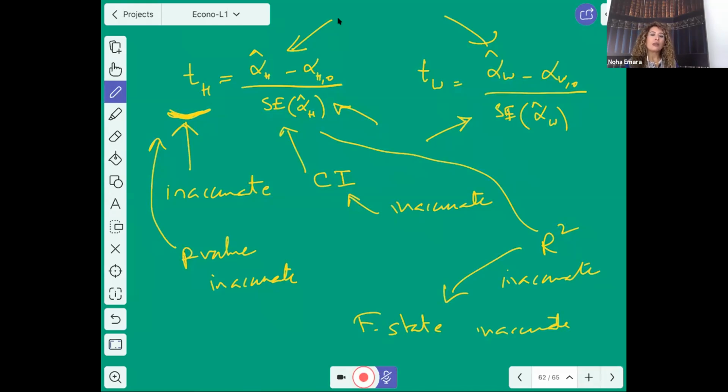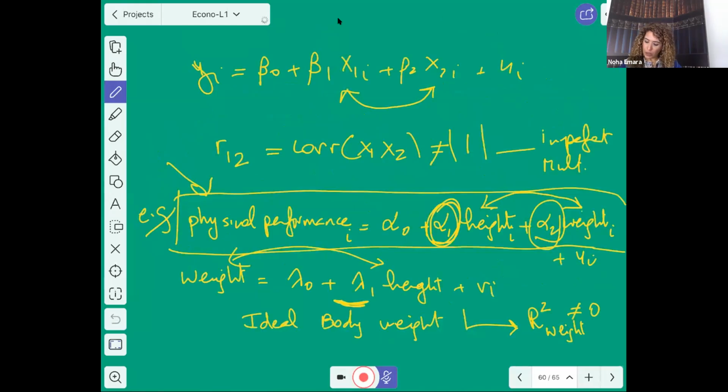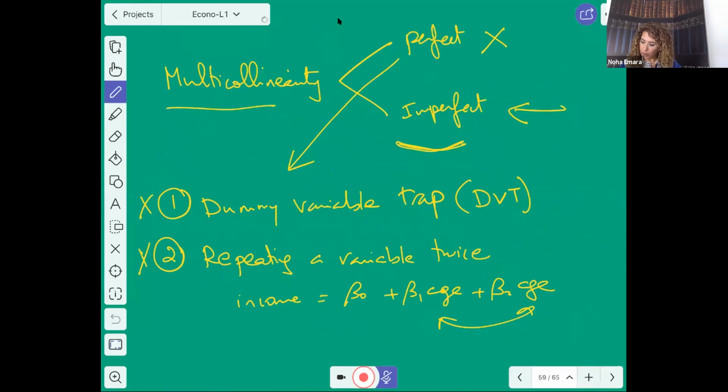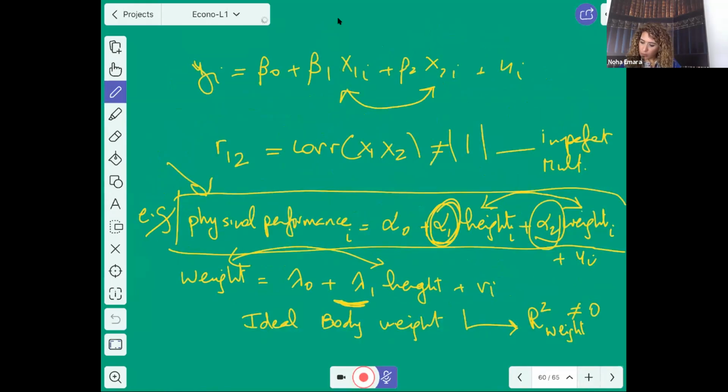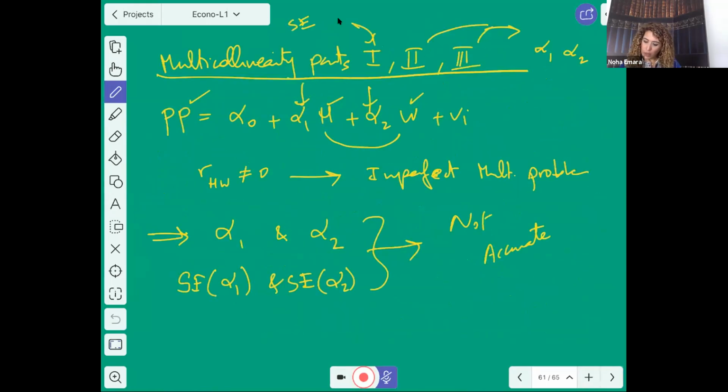So when you watch the 3 videos, again, I'm referring to them because these are very important. The 3 videos, parts 1, 2, and 3, give the details on how these coefficients are not accurately estimated and how the standard errors are not accurately estimated, okay?